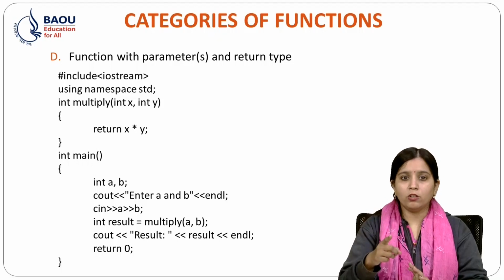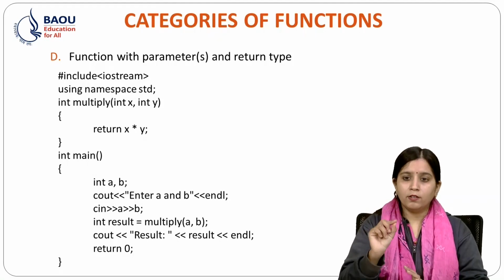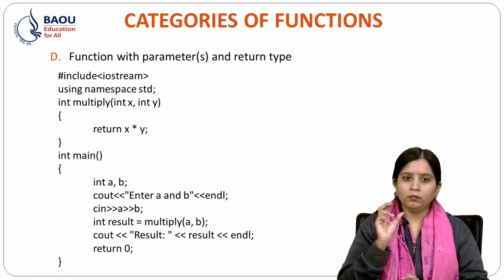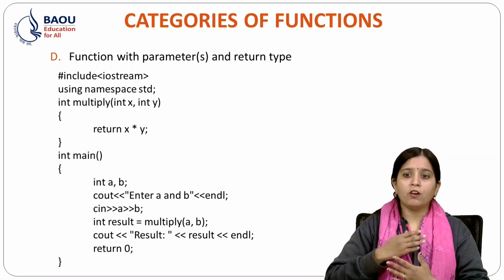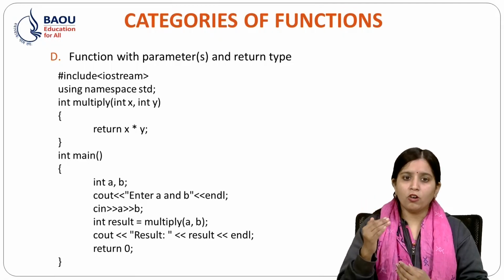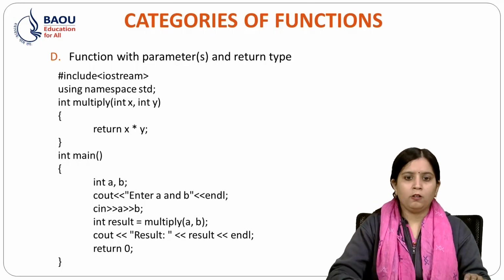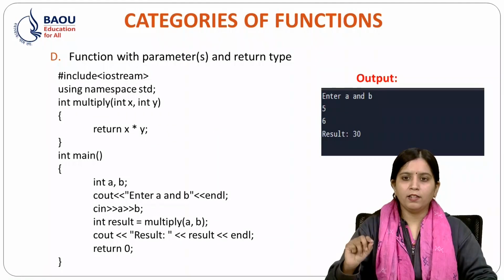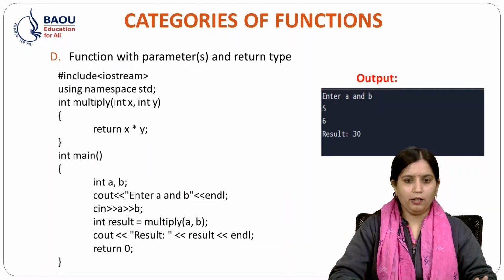So over here also, why is my result data type int? Because my multiply function is returning an int value. If my multiply function is returning a float or double value, then over here the result data type is double or float. And simply I will get 5 and 6. So 5 into 6 is 30.